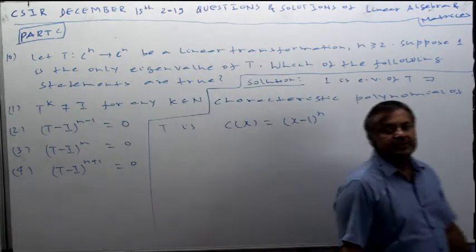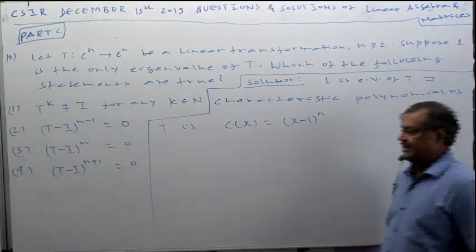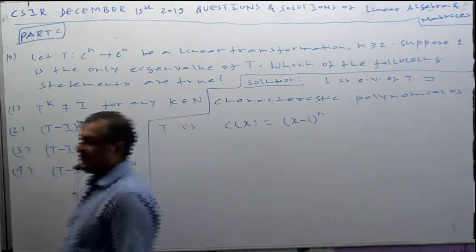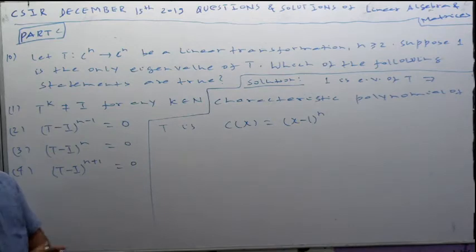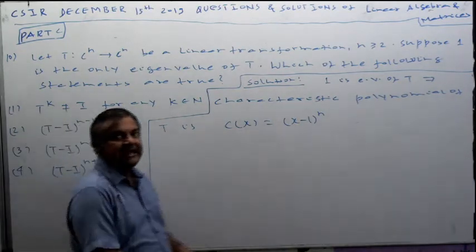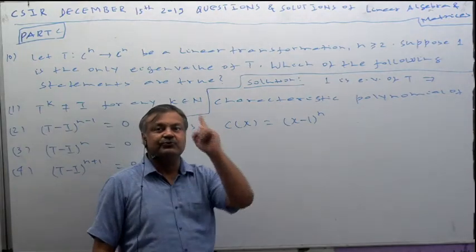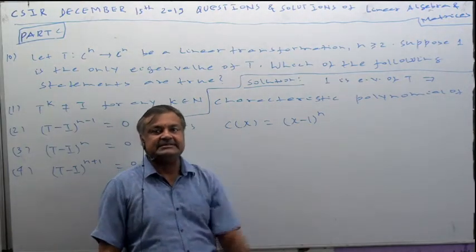Fine, because the order of T will be n. So it will have n eigenvalues and all eigenvalues are 1. So the factor x minus 1 will appear n times, so that this equals 0 gives you 1, 1, 1 exactly n times.